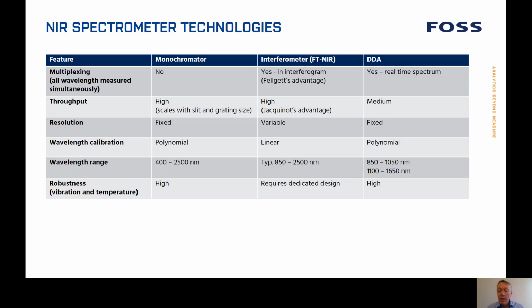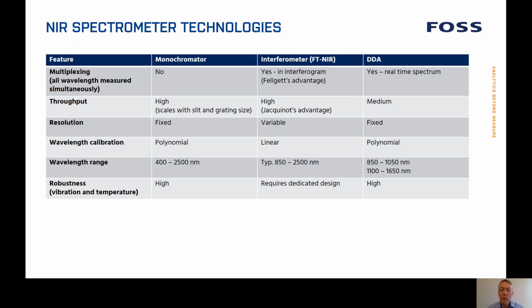The multiplex and throughput advantages of Fourier transform spectroscopy are critically important when measuring liquids in the mid-infrared range of the spectrum, where light sources are weak and detectors are rather insensitive.